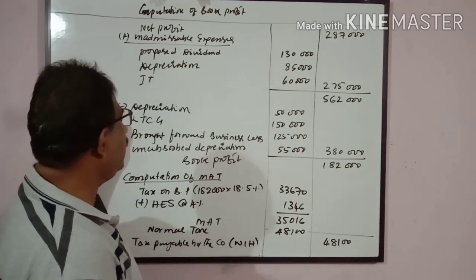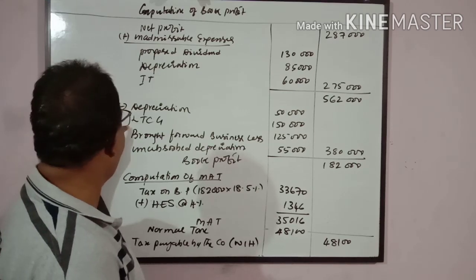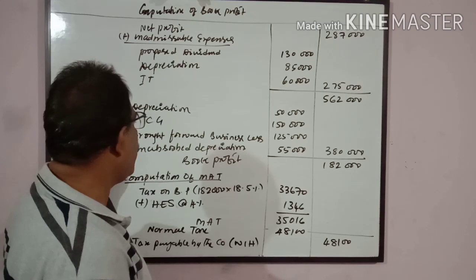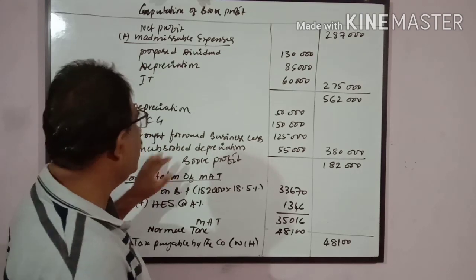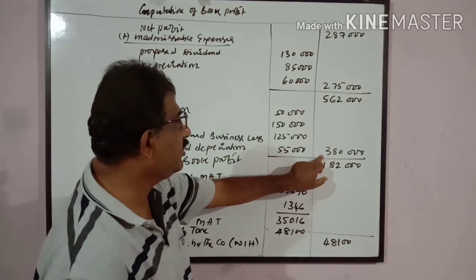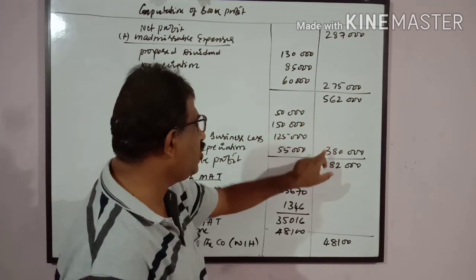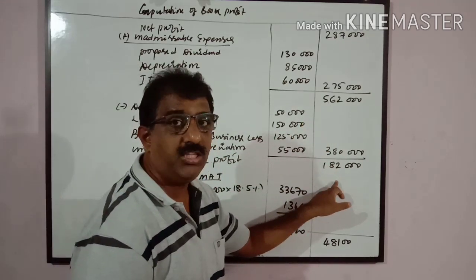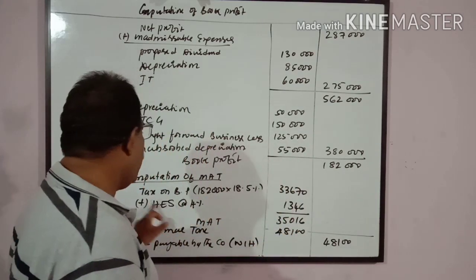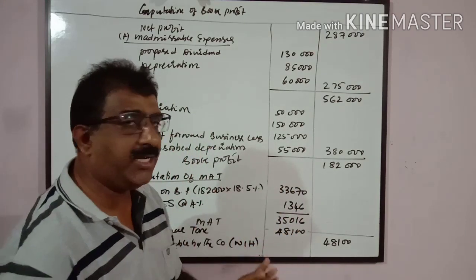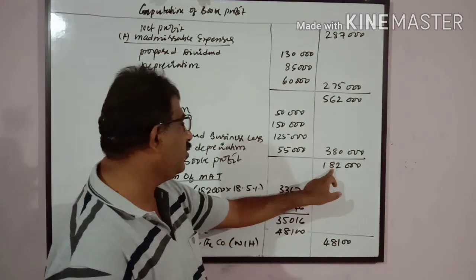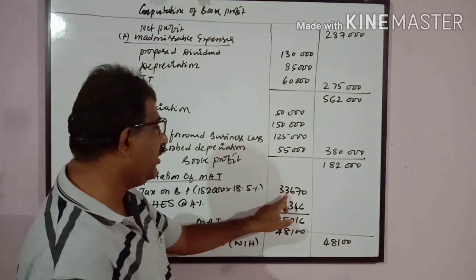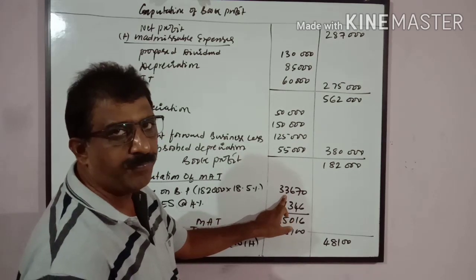Depreciation 50,000. Long-term capital gains 1,50,000. Brought forward business losses 1,25,000. Unabsorbed depreciation 55,000. Totally it comes to 3,80,000. 5,62,000 minus 3,80,000 becomes the book profit. On this book profit, the minimum alternate tax standard rate is 18.5%. 1,82,000 into 18.5% is 33,670.